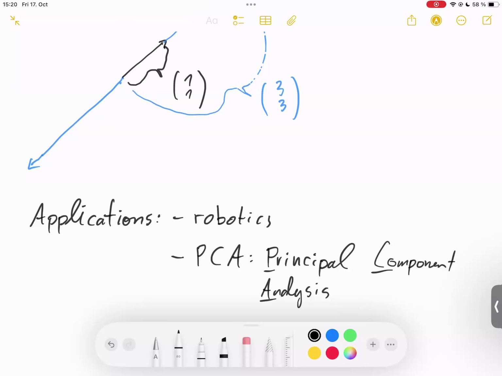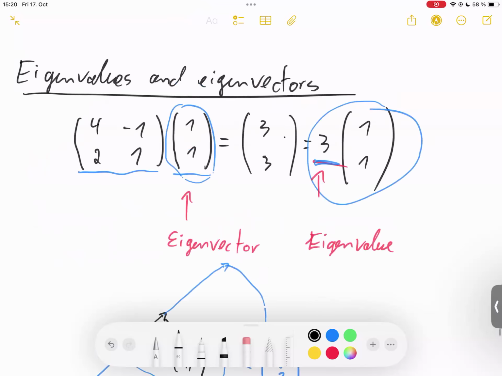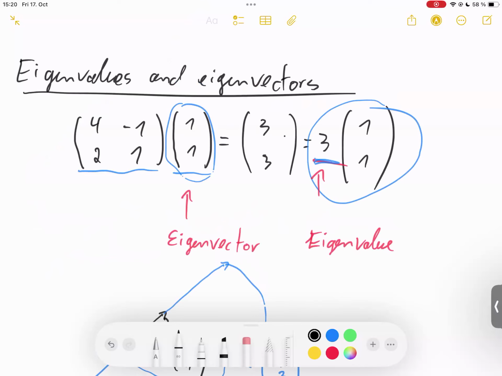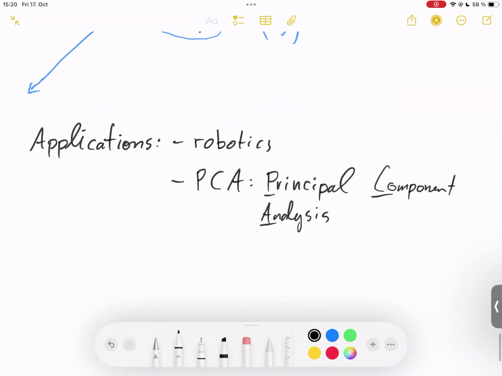PCA is typically done using the eigenvalues or eigenvectors. In practice, many people use this so-called SVD for PCA, which is the singular value decomposition.